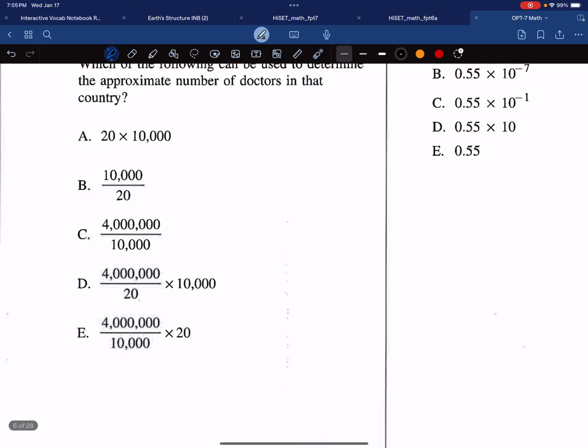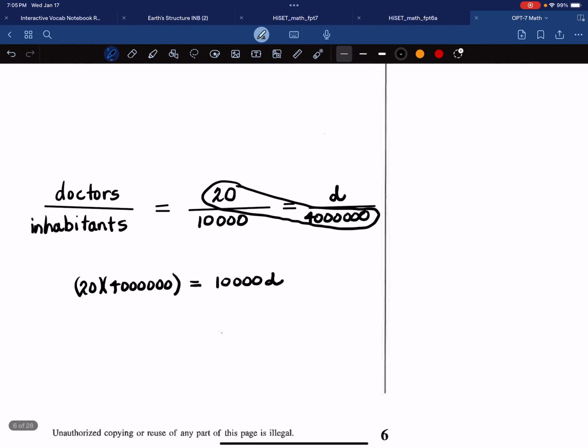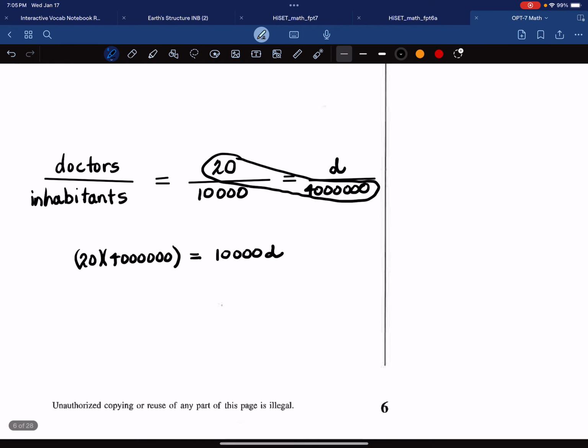None of those match what's up here, so we have to do a little bit of rearranging. Would you agree with me that we could say 10,000 divided on this side and this side would allow me to cancel that one?